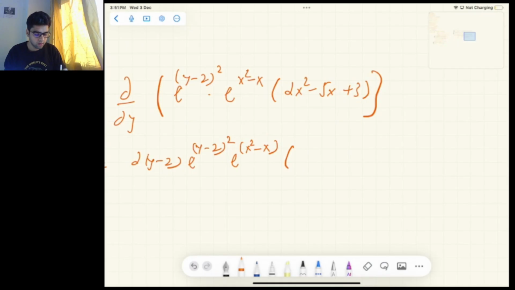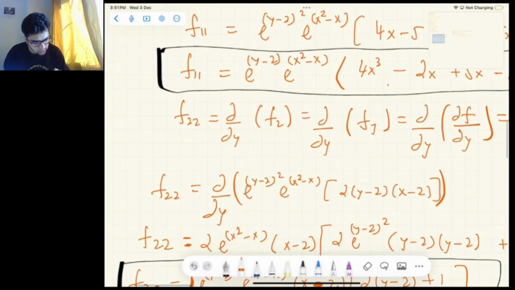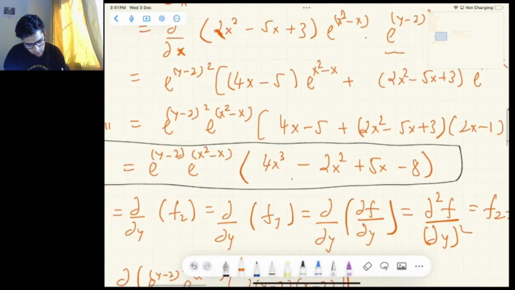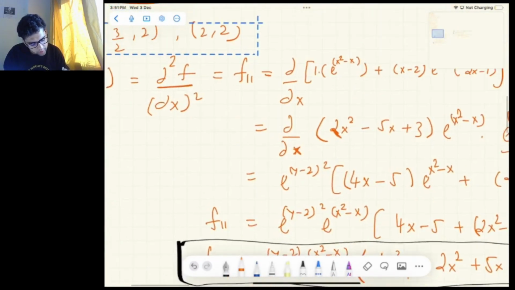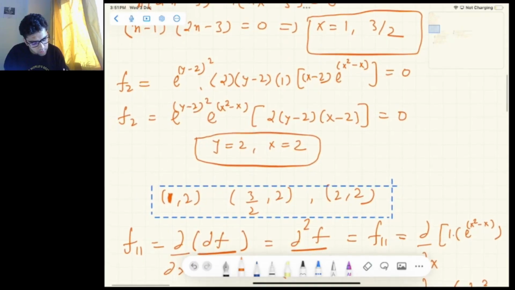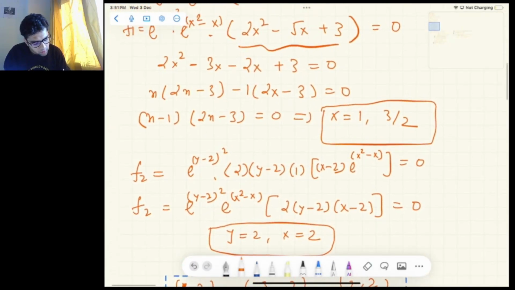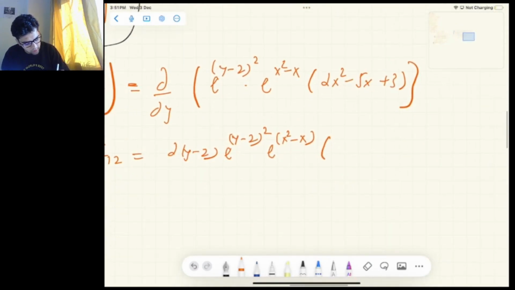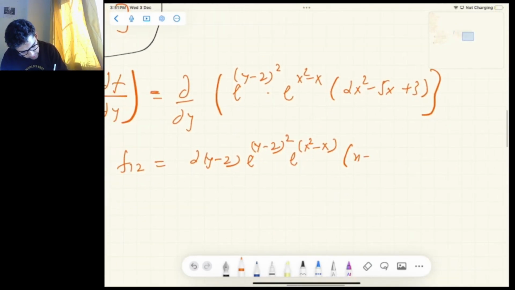So I can write this expression as x minus 1 and 2x minus 3. So after we factorize we get x minus 1 and 2x minus 3.